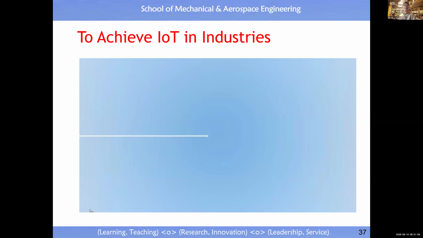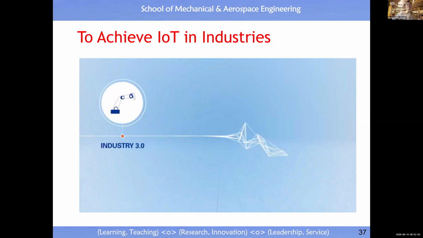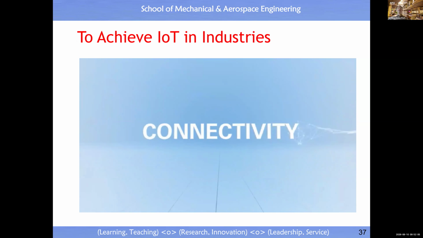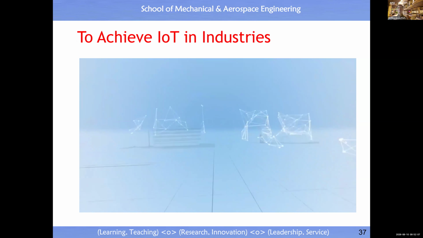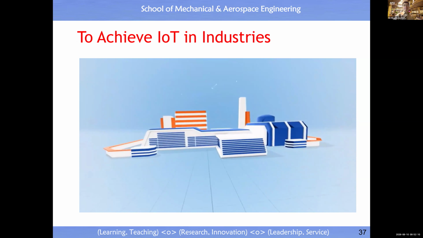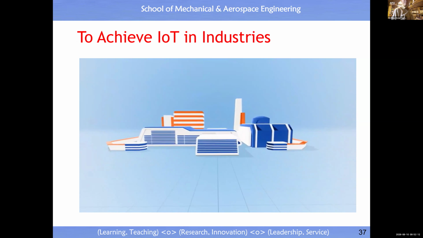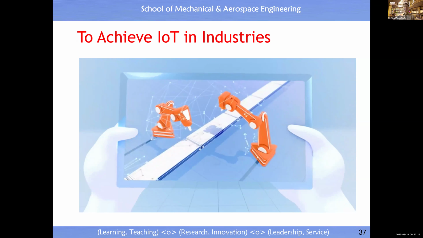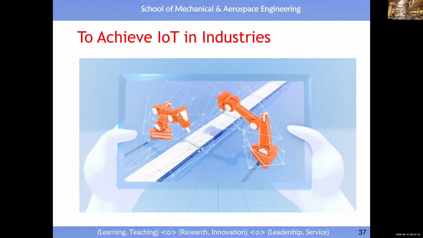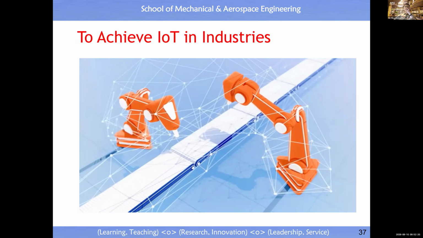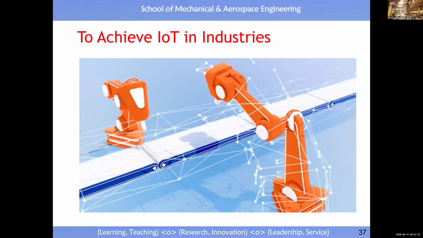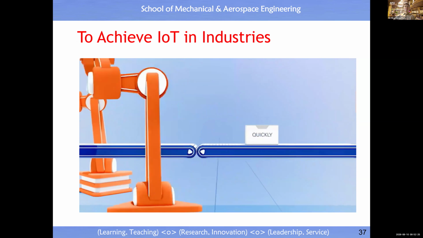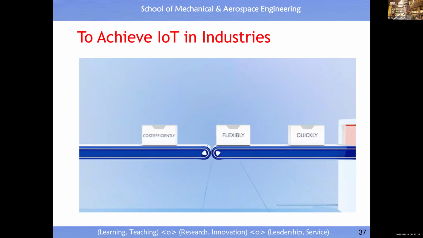IoT is extremely important. I will play a little bit of this video. Many revolutions. But now we're facing the next one, connectivity. But how can a company handle this? What does the industry of the future look like? Our experts have been wrestling with these questions for years. They know that the complete digitalization of the manufacturing industry plays a key role in the process. Why? That's simple. In the future, it will be more important than ever to operate quickly, flexibly, and cost-effectively.